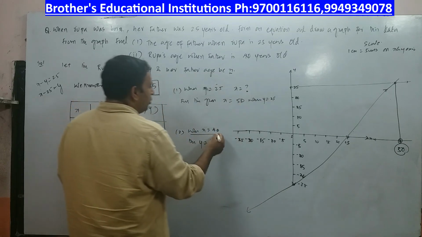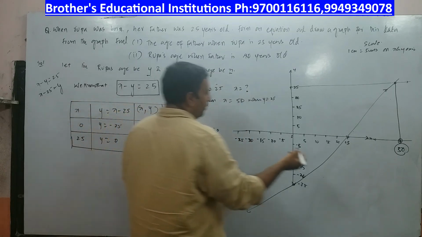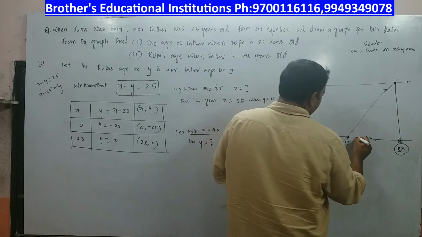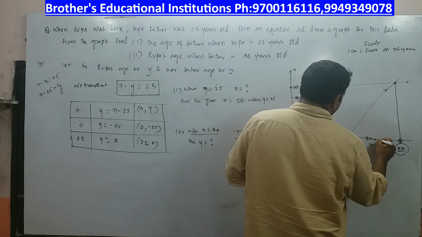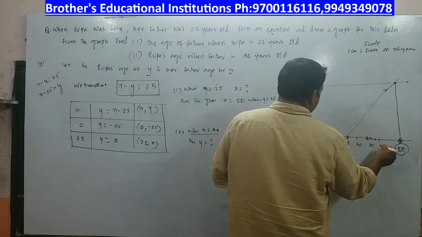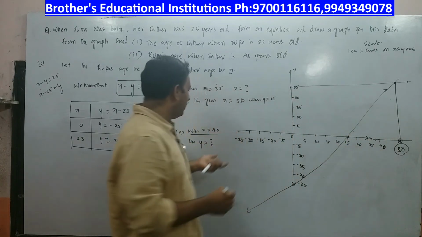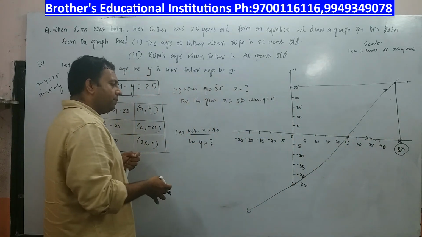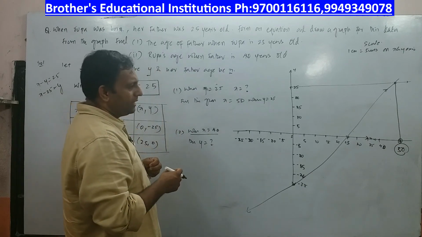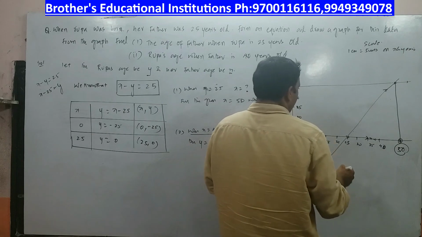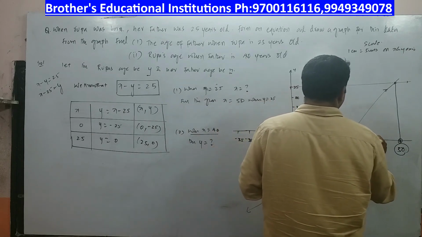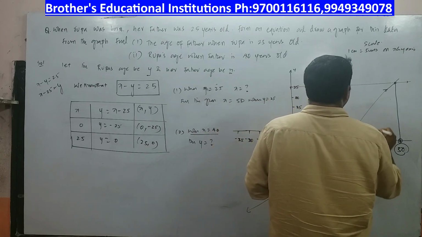Now when x is equal to 40, where is x equal to 40? This is 25, 30, 35, and this is 40. When x is equal to 40, you need to draw a line perpendicular to the x-axis, or parallel to the y-axis. So let us draw x is equal to 40. When I draw x is equal to 40, here it is, right?